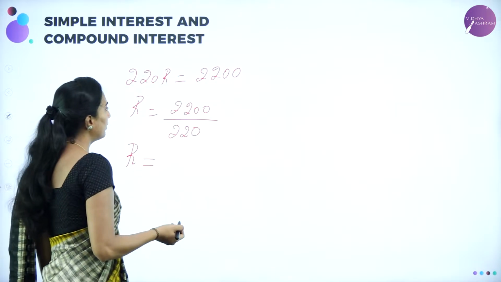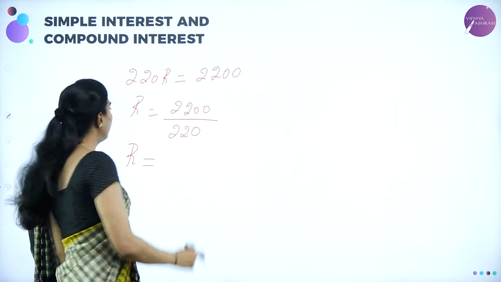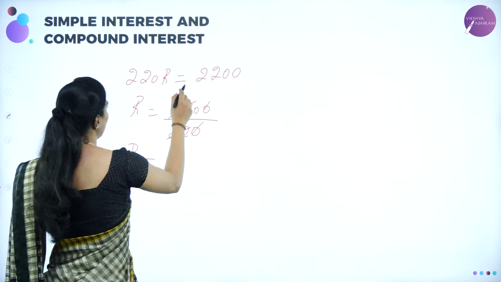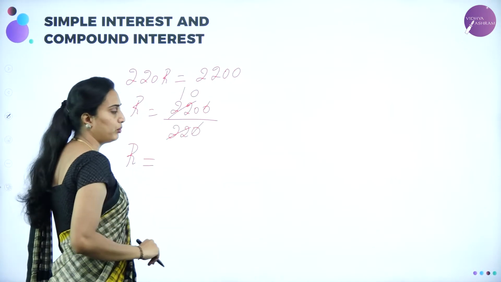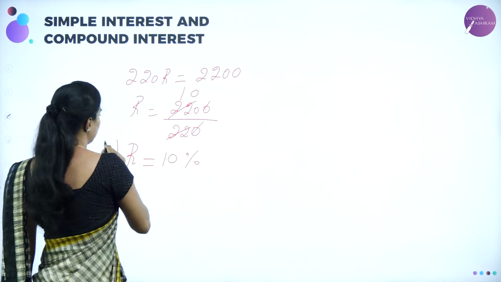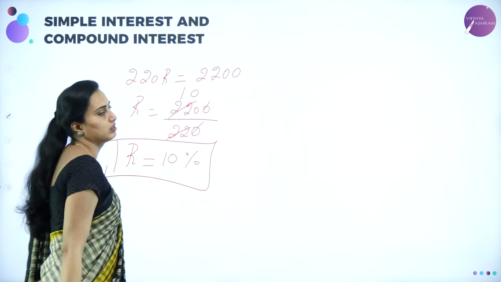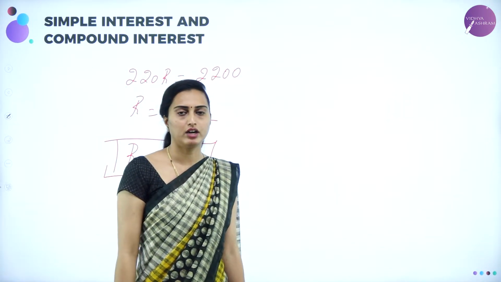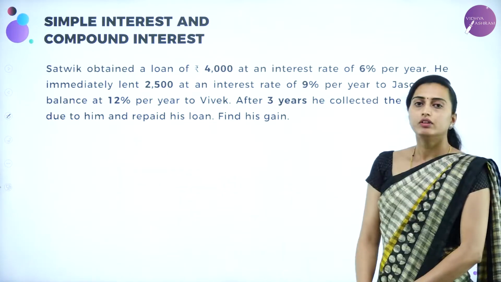Therefore you can have the 0s cancelled. 22 ones are 22, 22 tens is 220. Therefore R will be equal to 10%. That is your answer. So this type of questions will be asked for 5 marker. Understood? Okay dears, we'll move on to the next question.